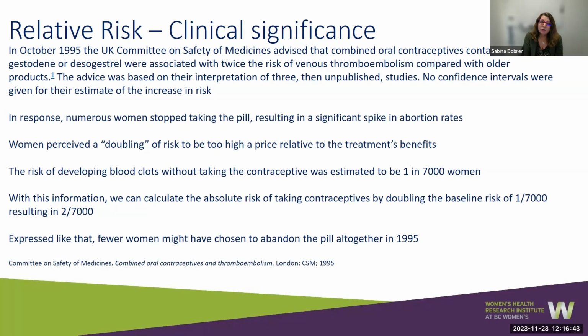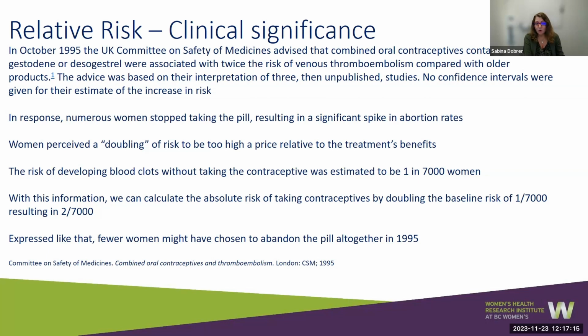I want to talk about relative risk and its clinical significance. This is a very well-known case in epidemiology, and you can find a lot of papers about it. In October 1995, the UK Committee on Safety of Medicines advised that combined oral contraceptives containing some new hormones were associated with twice the risk of venous thrombosis compared with older products.